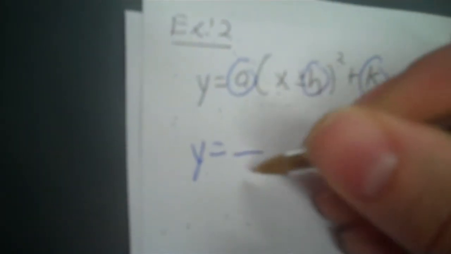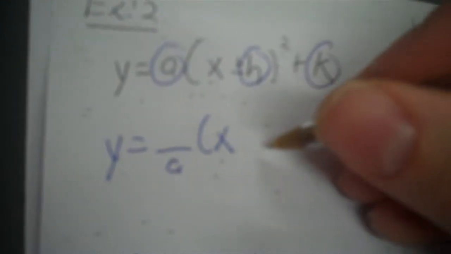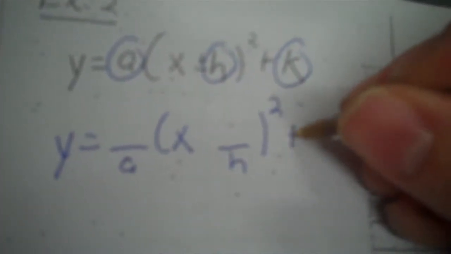Next problem, okay? You got to find the replacement for A, H, K. So Y equals blank with A, quantity X, and then I don't know if it's plus or minus yet. Then H to the quantity to the second power plus the K, okay? So H and K is easy to find.